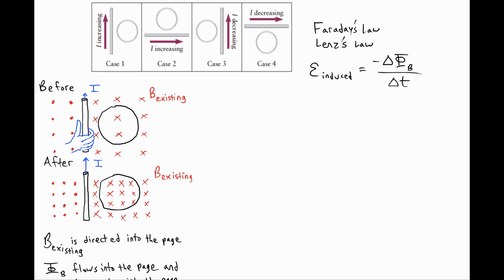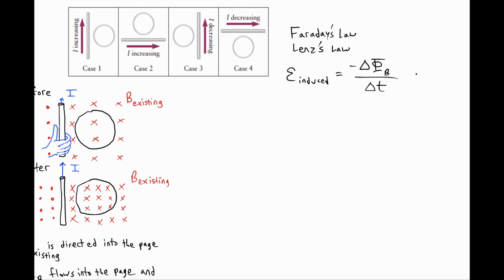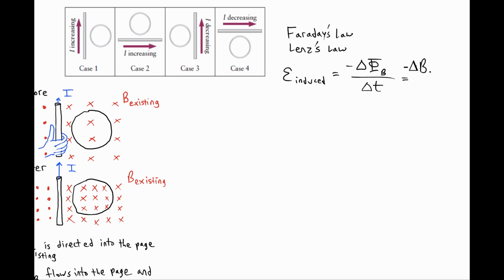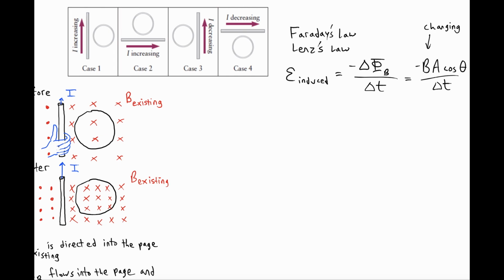And that is definitely happening here because the magnetic flux is defined as BA cos theta, right? So here, the thing that's changing is not the area this time, it's the B field. The B field is changing. And so an EMF will be induced in this loop, and that will cause a current to flow, according to the law.